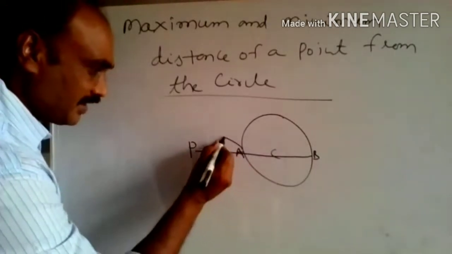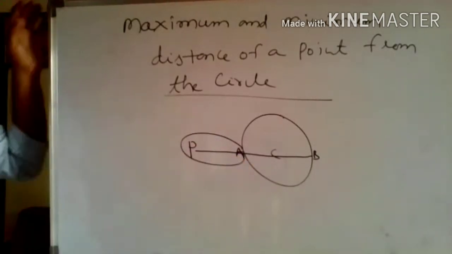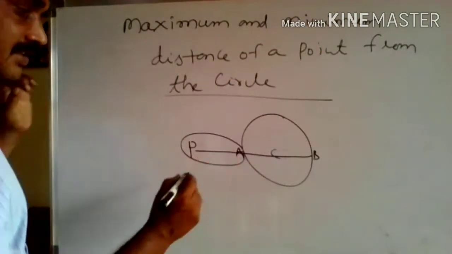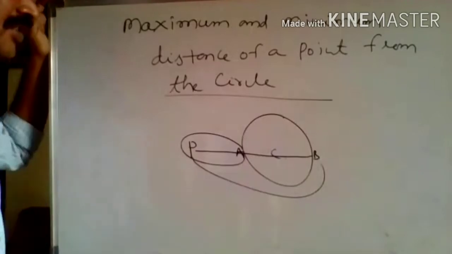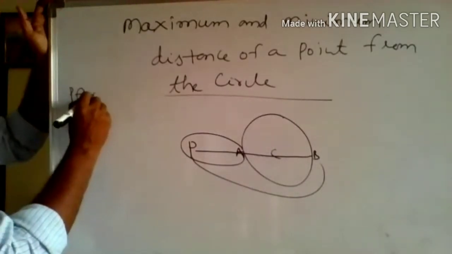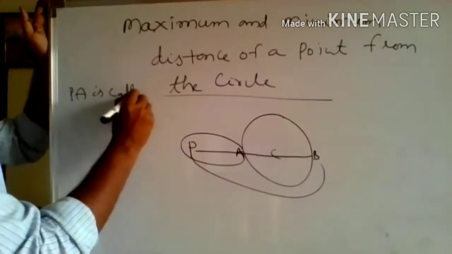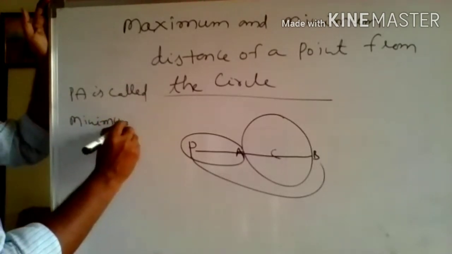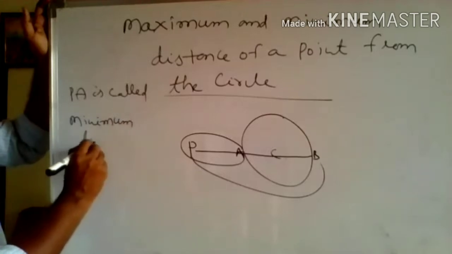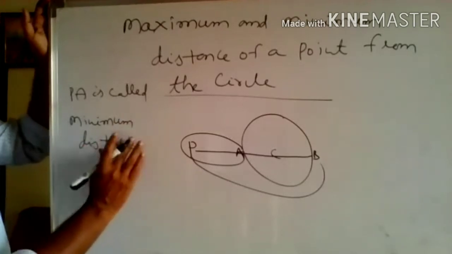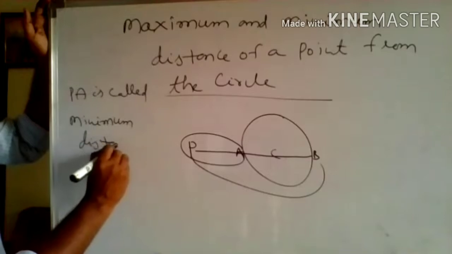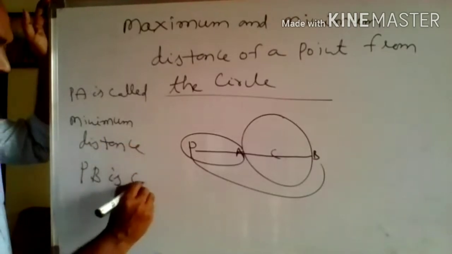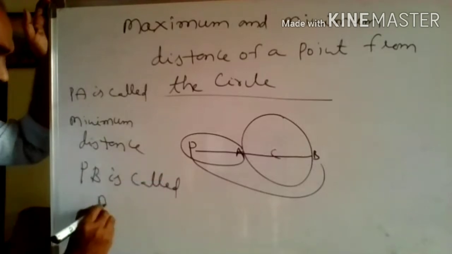Here, PA is called the minimum distance and PB is called the maximum distance.